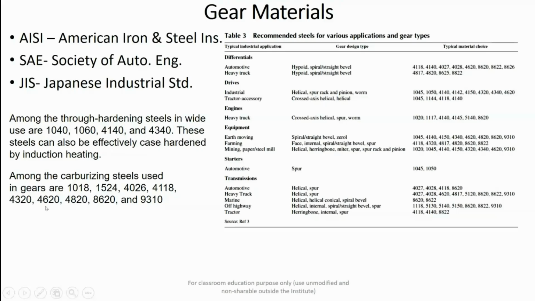Whenever you have an application area where you require carburized steels, grades like 1018, 4023, 4320 and 9310 are very popular. These are the different types of gear materials which you can use to manufacture gears as per your requirement.